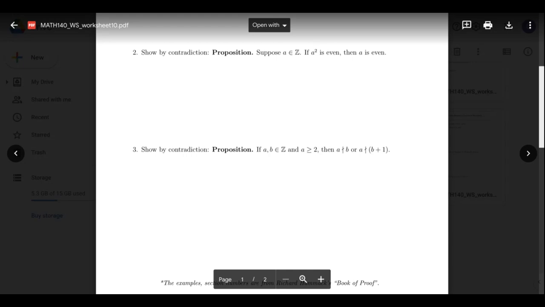Okay, Samuel has a question with 3. For 3, we want to prove this proposition by using the contradiction method. So what do we do? We want to assume the proposition is false.